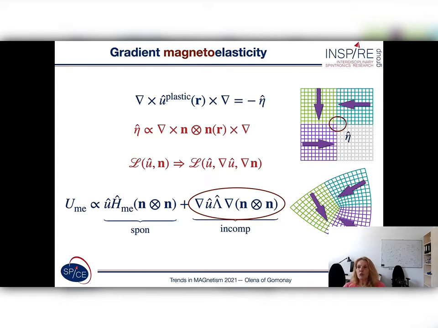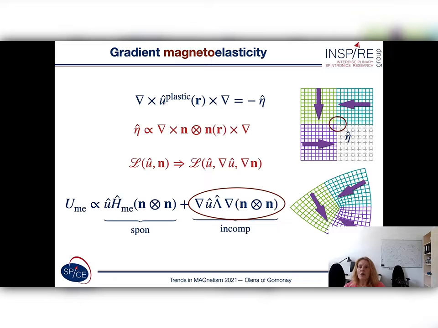In application to magnetic or magnetoelastic material, the natural way to generalize this approach is to introduce gradient magnetoelasticity, which I am going to discuss and present in this talk. The idea is very similar. If we have a material with inhomogeneous distribution of magnetic vectors, then due to spontaneous strains we have incompatibility, which is again related with the magnetic ordering.